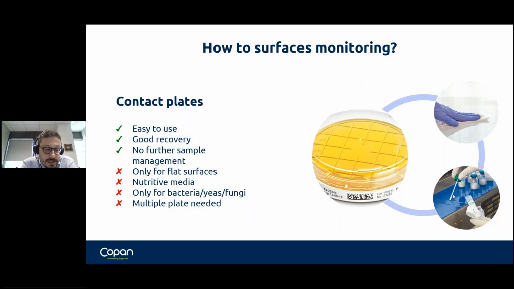They contain nutritive media, so the cleaning of the area after sampling should be adequate to remove any material left on the surface that can itself generate a contamination or a growth substrate. They can be used only for bacteria, so only for microbiological collection, clearly, and potentially you may need multiple plates, depending on the quality assurance that you need to do, for multiple collections on the same surface.